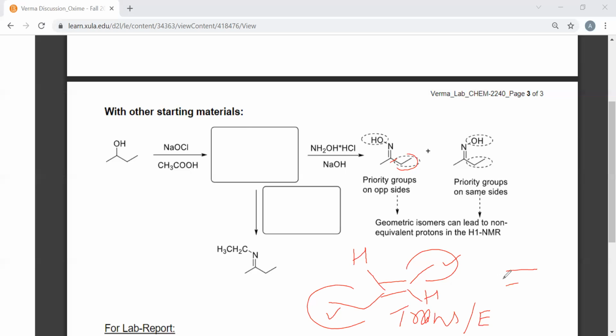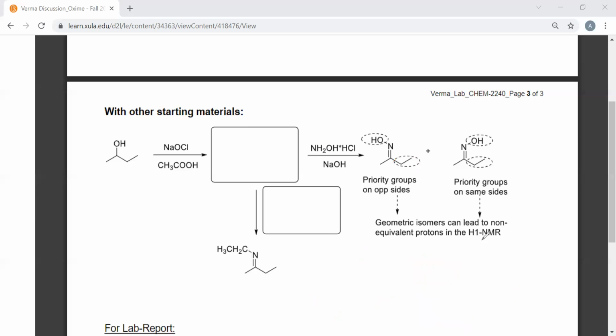Similarly, if the priority groups of each carbon are on the same side, then we call them cis or Z. So we follow a similar kind of nomenclature for our oximes also. But you don't have to worry about that.